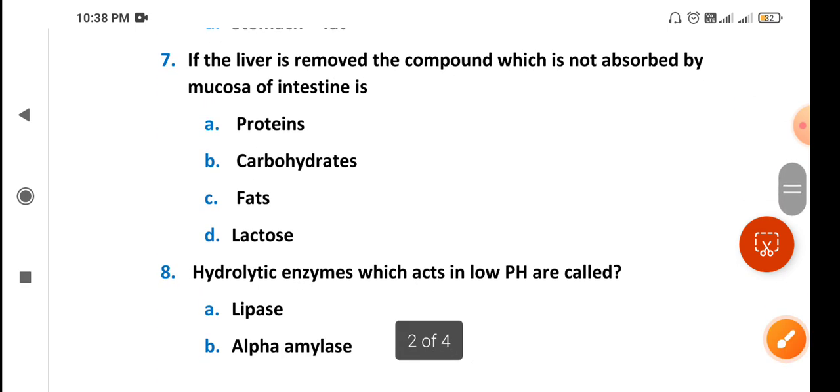Let's check next question. If the liver is removed, the compound which is not absorbed by mucosa of intestine is. So first option is protein.